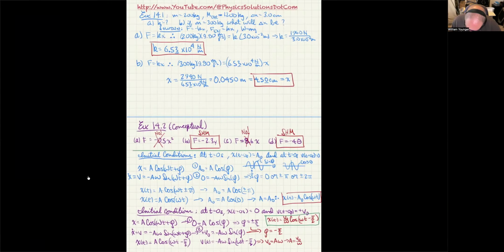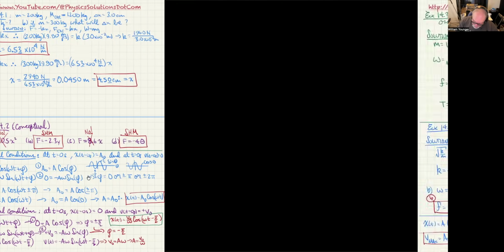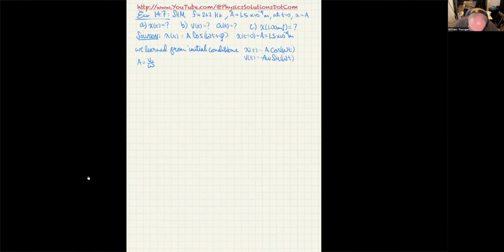And the way we were able to figure that out was, well, that was about it. Oh, that's right. I was remembering that A was v0 over omega, but that was when at t equals 0, x is equal to 0. At t equals 0, x is not equal to 0 here, so we can't use that. So I'm going to go ahead and erase that one.